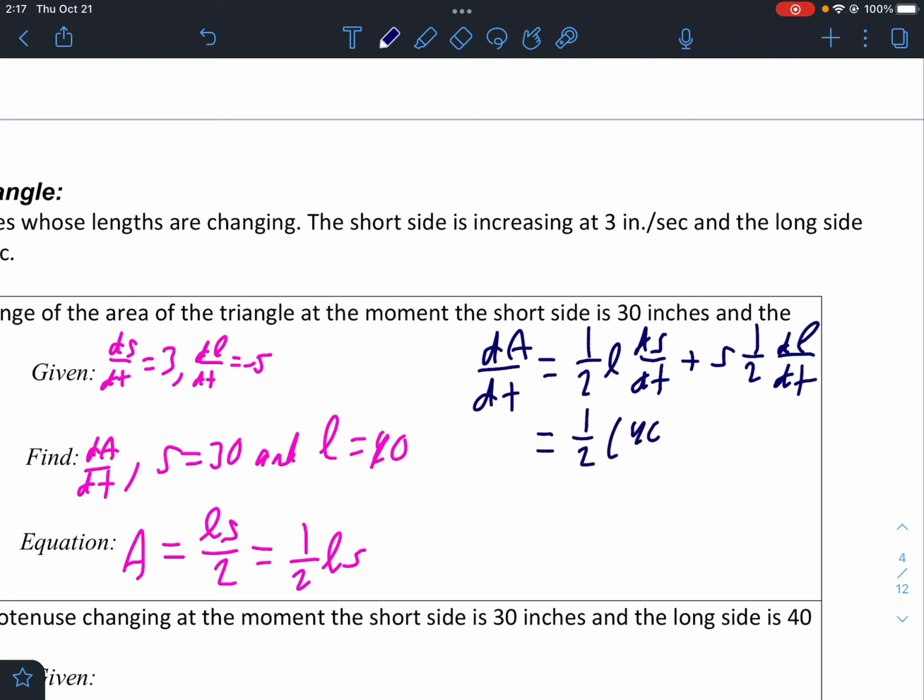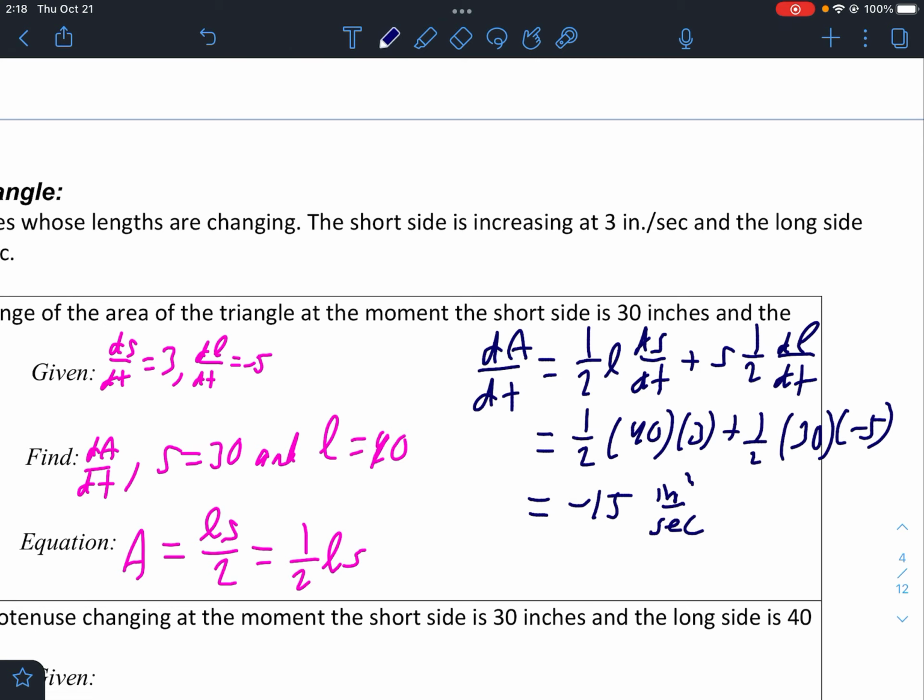So that's 1/2 times 40 times 3 plus 1/2 times 30 times -5, which would give us 60 minus 75, which is -15 square inches per second.